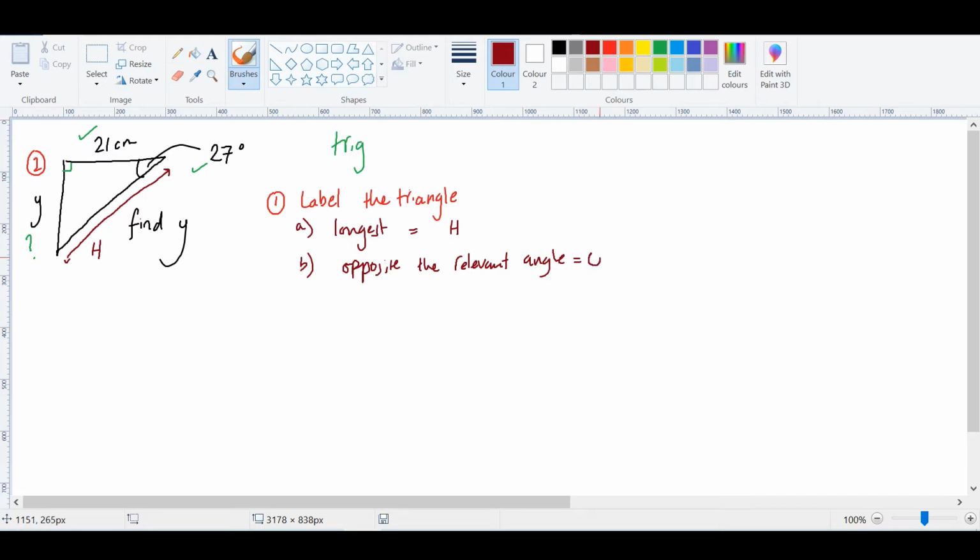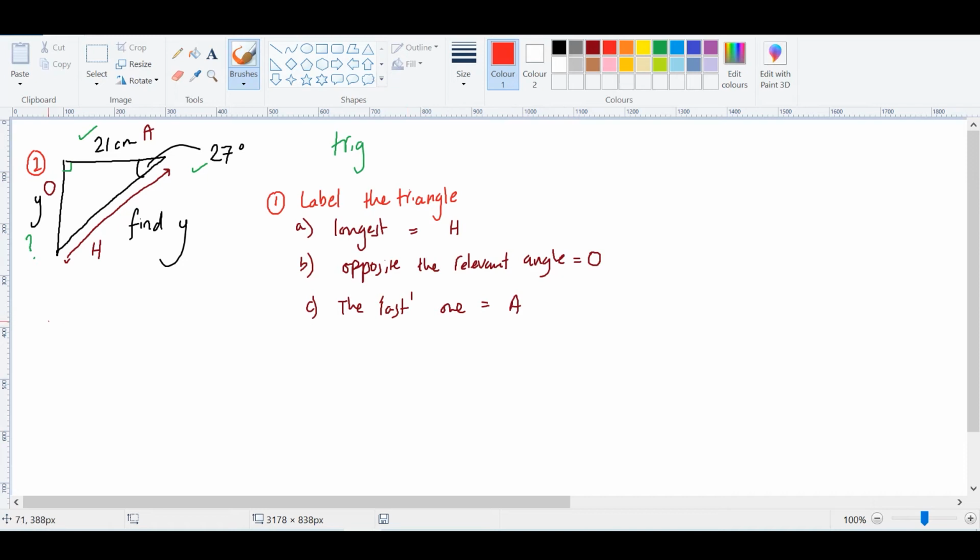And which length is the opposite? Y, good. And then the last one is called the adjacent. So now we have labeled our triangle.